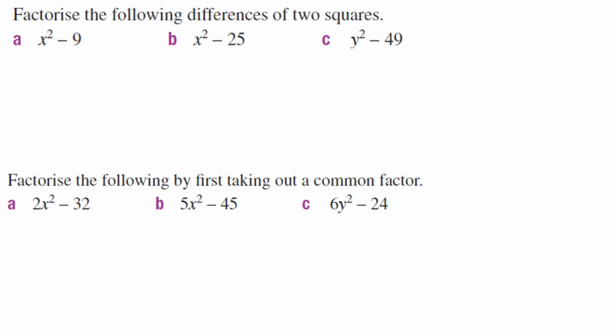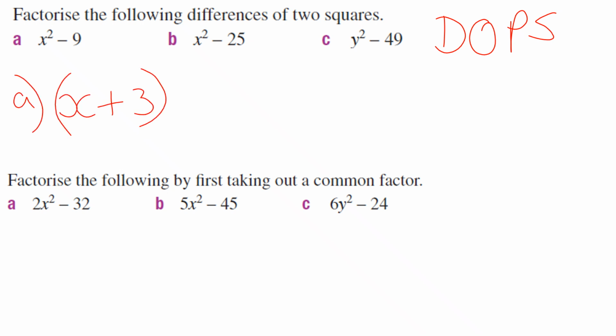So for example, with these ones here, the first questions are difference of perfect squares. So for example, A is going to be x plus 3, x minus 3. With the second question, it's exactly the same, except first of all, we pull out a common factor.